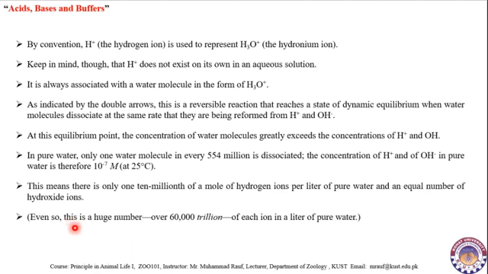Even so, this is a huge number, over 60,000 trillion of each ion in a liter of pure water. Because there are millions and billions of water molecules, even if we calculate from the figure of 1 out of 554 million, it still makes a huge number.